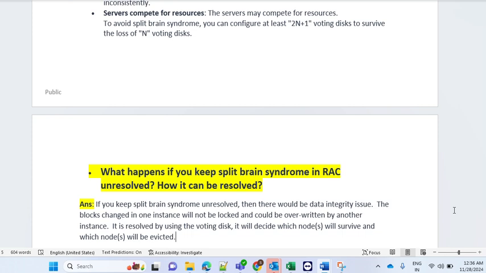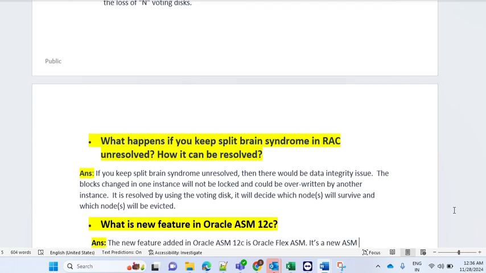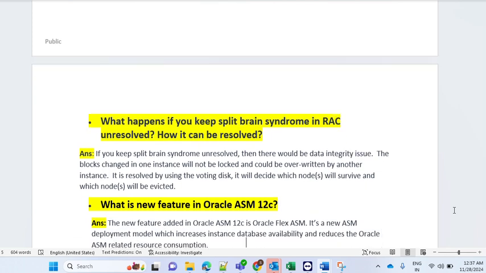So both nodes can overwrite the same data block. It is resolved by using a voting disk. It will decide which node will survive and which node will be evicted. So that is the solution here.